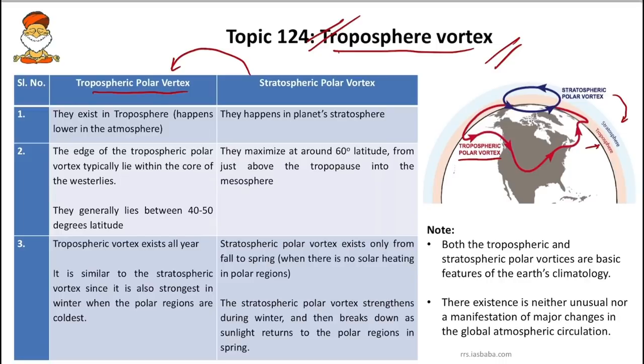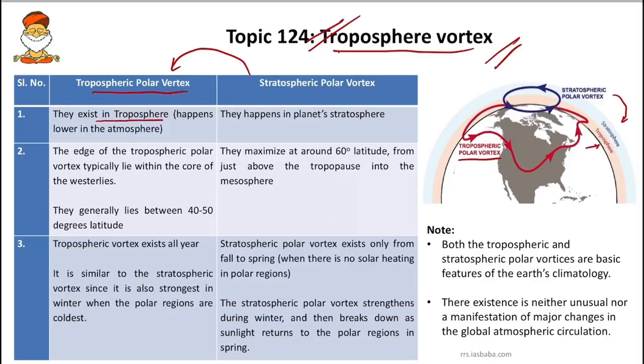So we'll try to understand the difference between the tropospheric polar vortex and the stratospheric polar vortex. These both are like cousins. The stratospheric polar vortex is the higher altitude cousin, and the tropospheric polar vortex is the younger or lower altitude cousin.